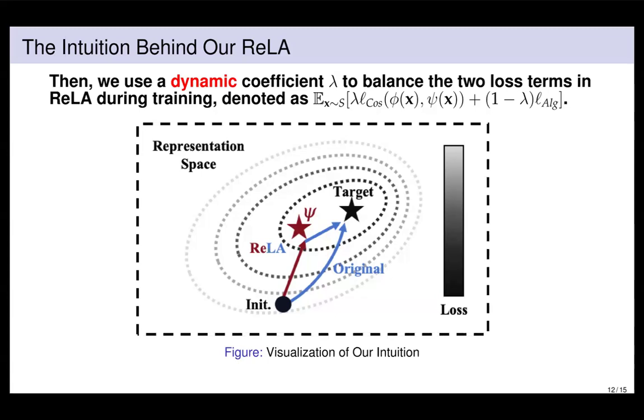If you understand this page, only this page, the key idea of our RELA can be understood. A further intuitive understanding is that RELA can be considered as a learning process that includes two stages.